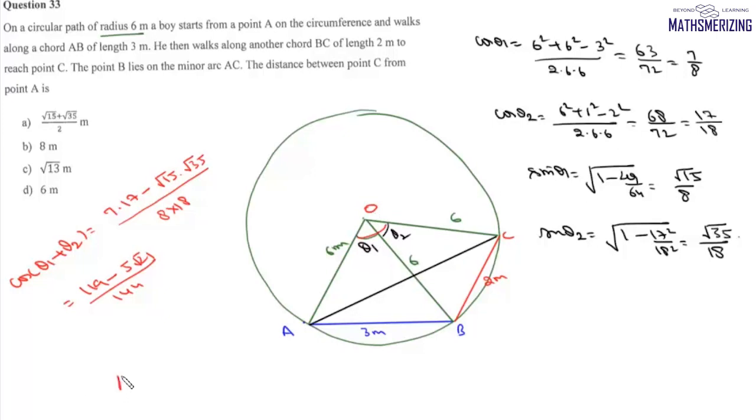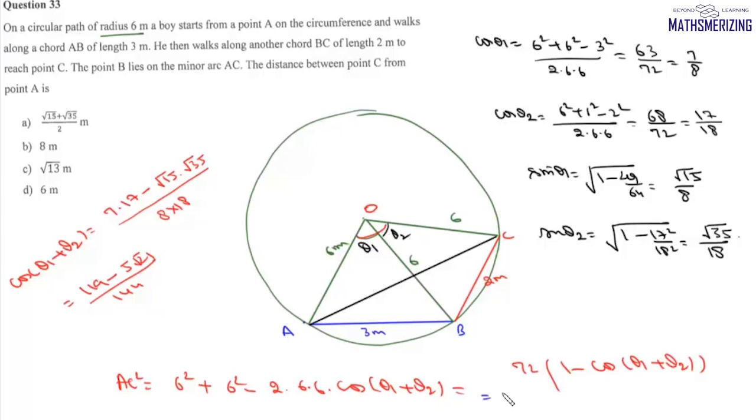We can write AC square as 6 square plus 6 square minus 2 into 6 into 6 into cos of theta 1 plus theta 2. So it will be 72 minus 72 cos, so there will be 72 into 1 minus cos of theta 1 plus theta 2. So we can write this as 72 into 1 minus, now what's cos of theta 1 plus theta 2?